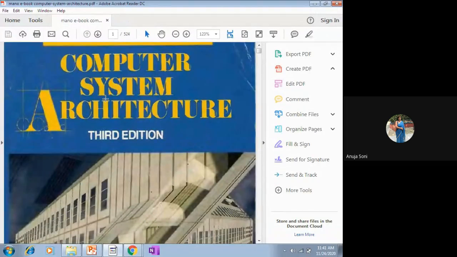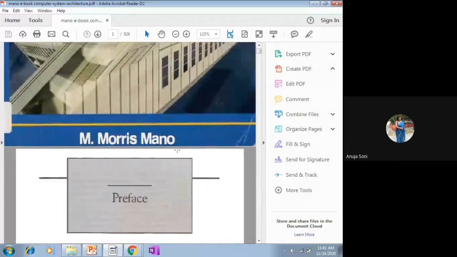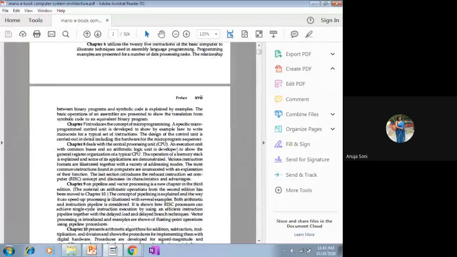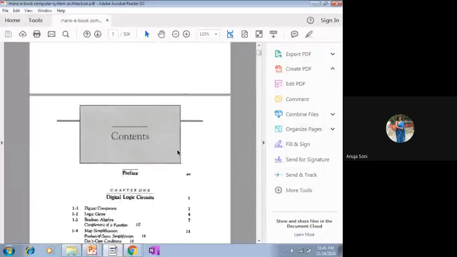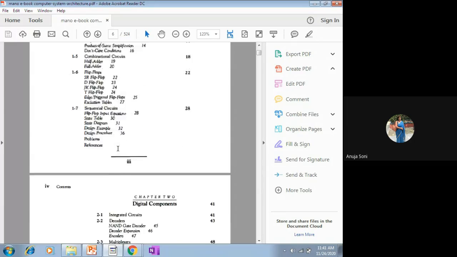This is your textbook, Computer System Architecture, specifically the 3rd edition by author M. Morris Mano. We have already started with the first chapter. This is the first chapter: digital logic circuits, digital computers, logic gates, Boolean algebra, complement. These are the different subtopics. So I am directly coming to the first chapter.